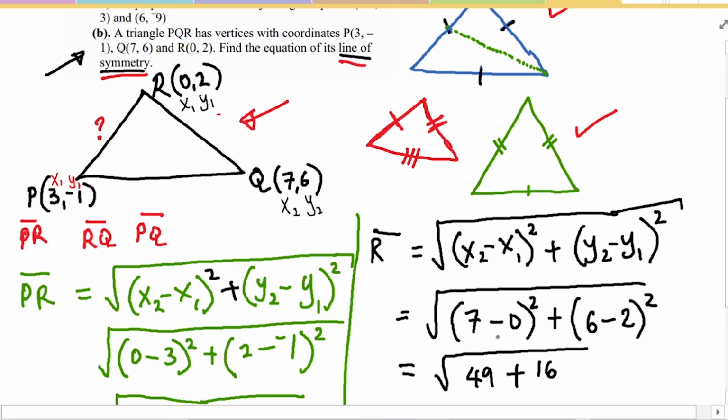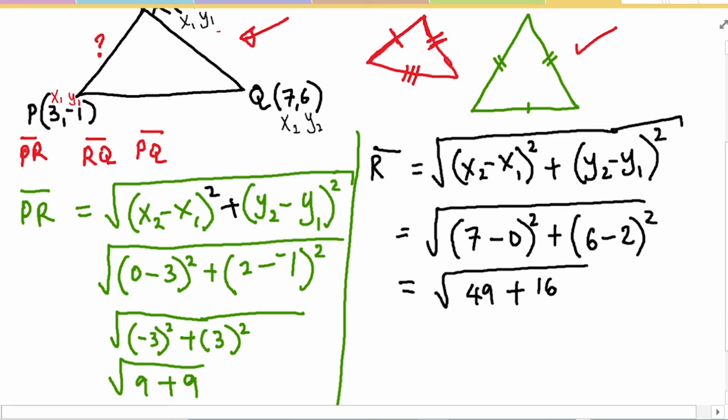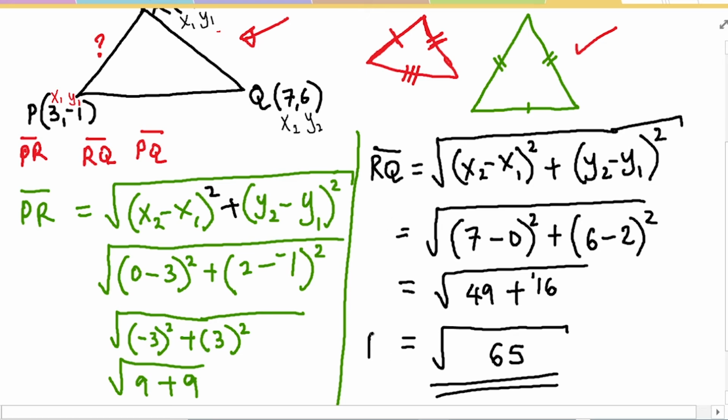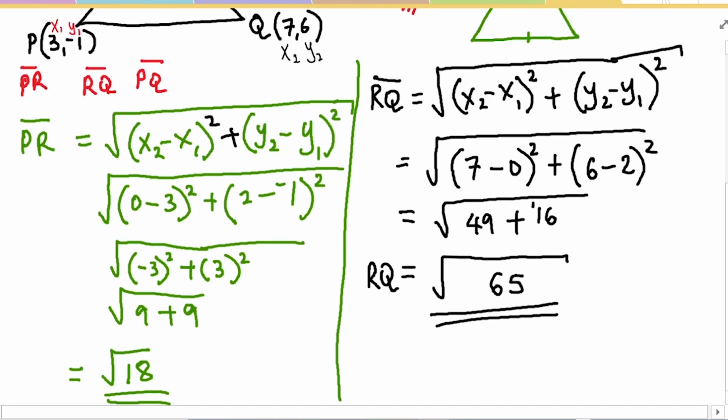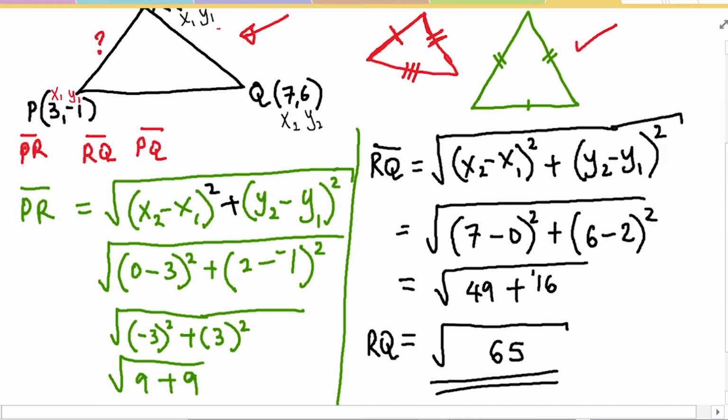So 49 plus 16 is 65. We have the square root of 65 as the length of our RQ.